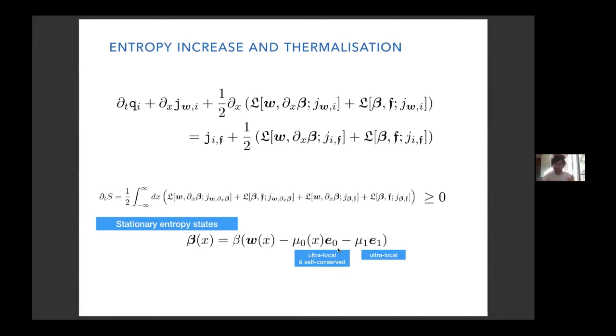But the point is that the only stationary states, if we also include the Euler type evolution, will be with constant chemical potential. So basically, at late times, there will be only two or three chemical potentials that are flat, and this will be the stationary state. In a sense, this answers the question of what happens in a fluid which is almost integrable but with some external modulation.